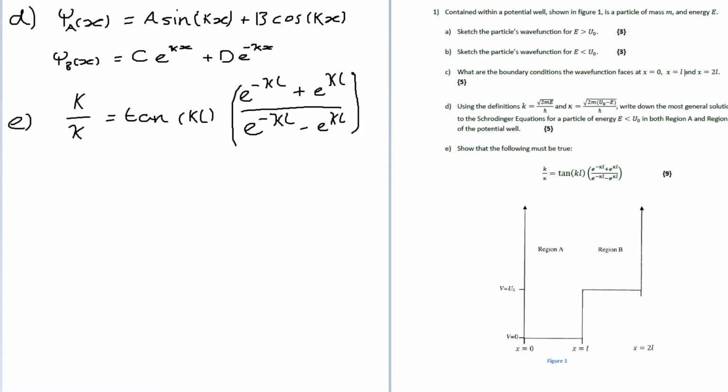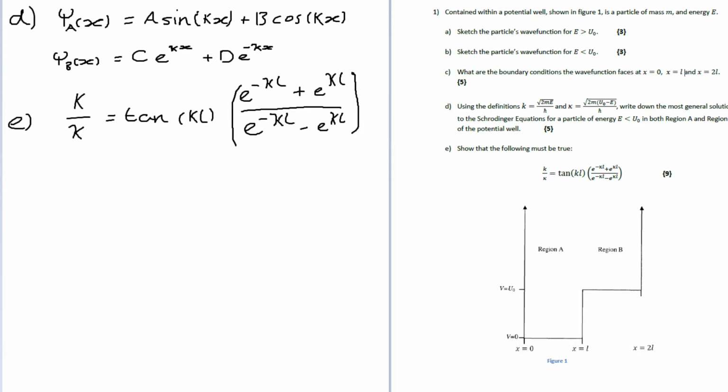So it seems like that's a good place to start with our psi A and our psi B. So this looks a bit daunting at first, but it's made up of things that we already have up here from question D. And we know that this is going to be the culmination of this question, so it's going to use things that we already know from our questions before. So let's start working on our psi A and psi B.